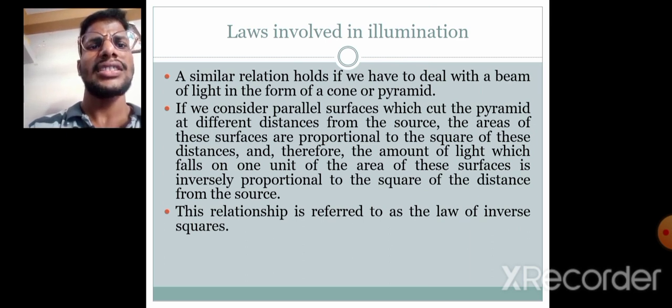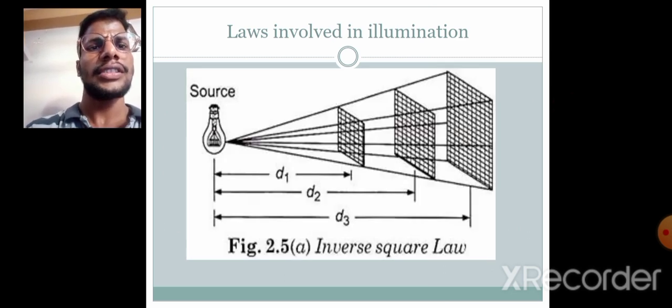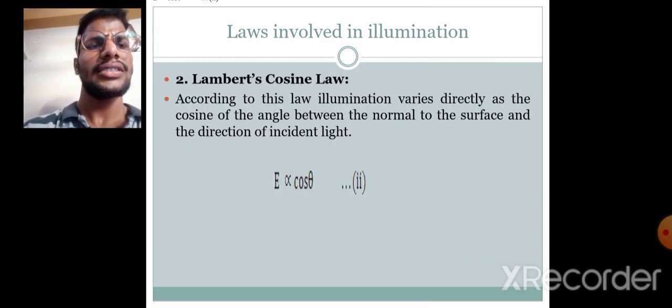This relationship is referred to as the inverse square law. In the figure, we have the light source, which emits light, and d1, d2 and d3 are the distances to different areas.